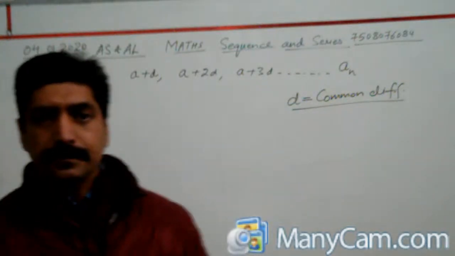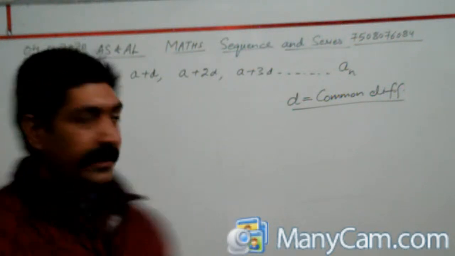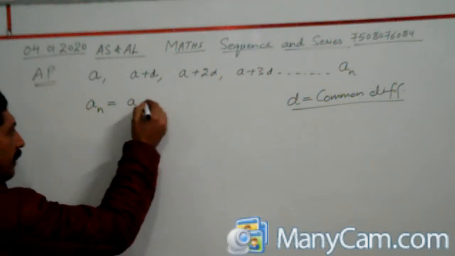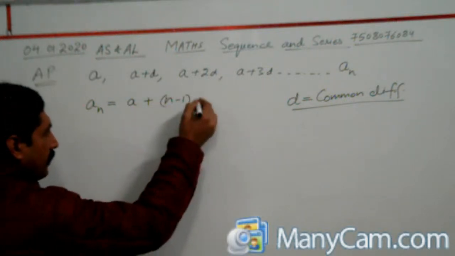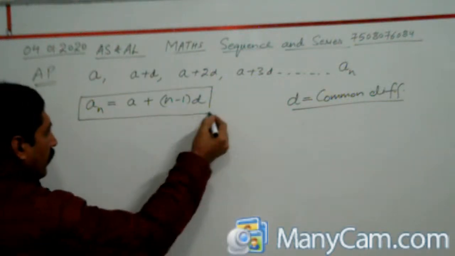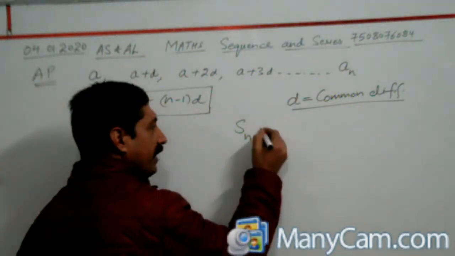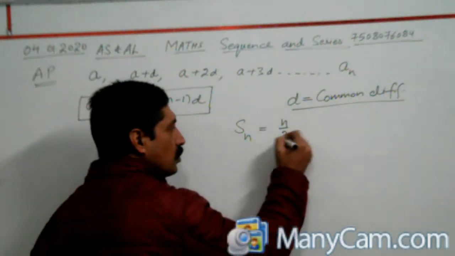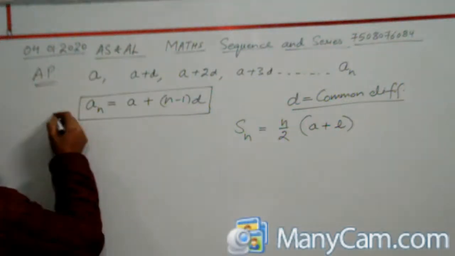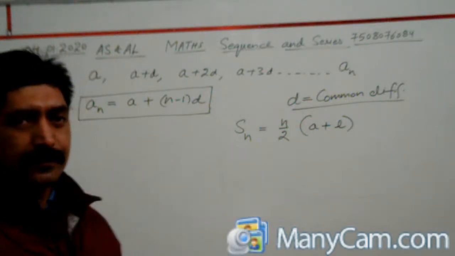And we have also learned the nth term of an AP, which is denoted by AN is equal to A plus (N minus 1) into D. And we have also learned about the sum of n terms, that is n by 2 into (A plus L). Here L is the last term of the AP, and L and AN are one and the same thing.